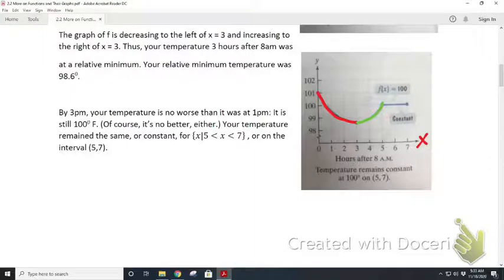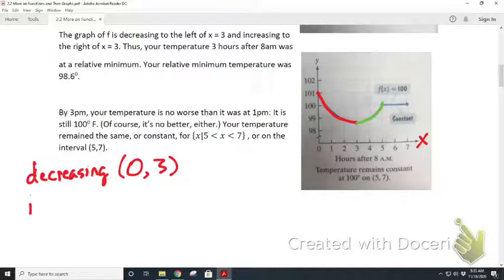So decreasing is from 0 to 3, and increasing, change to green so it matches, from 3 to 5, and that's it.